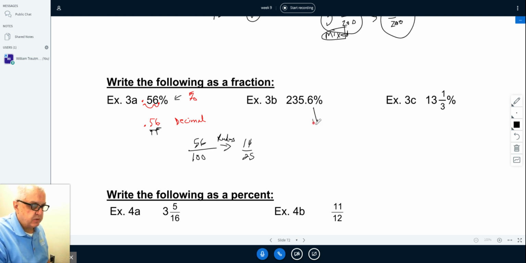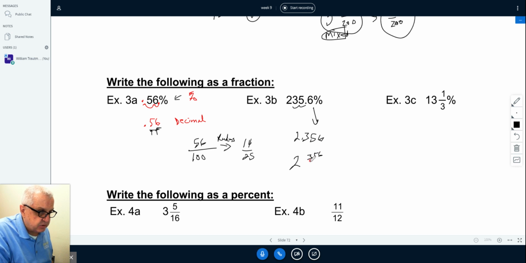I'm going to do this one really quick. Move the decimal two places to the left to change it to a decimal number, 2.356. Then you can change it to a mixed number, 2 and 356, right? The whole number on the decimal goes on top, and the place value is thousandths. The far right place value is thousandths.